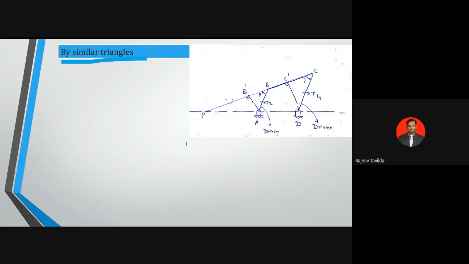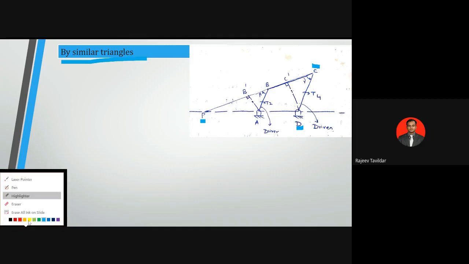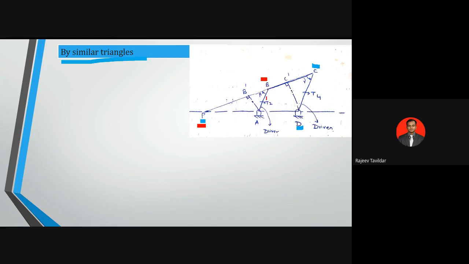The two triangles I'm going to consider are, one is PCD, the bigger triangle, and the second triangle, let me highlight it with a different color, P, B, and A. So I'm going to consider these two similar triangles, and I'm going to equate the ratios of the lengths of these particular triangles.